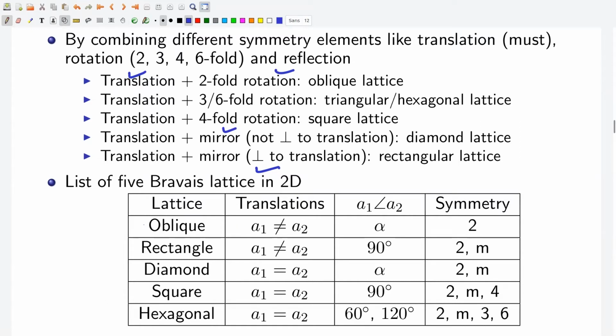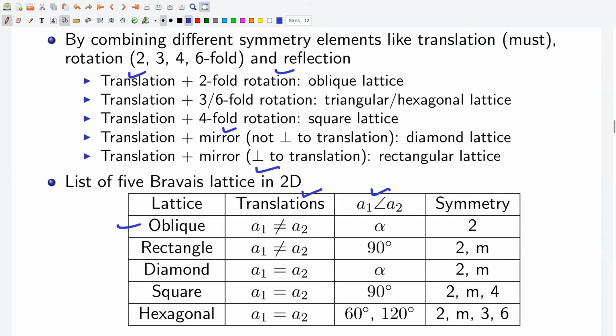Now, this is the complete list, and we also have derived the relation between the two lattice translation vectors, their magnitudes as well as the angle. The first one has the least symmetry: the magnitudes of the two vectors are different, and the angle between them is also some general angle alpha.